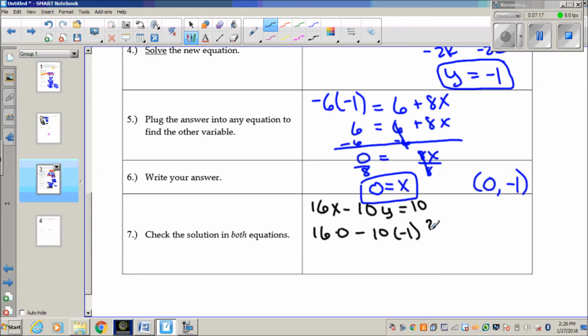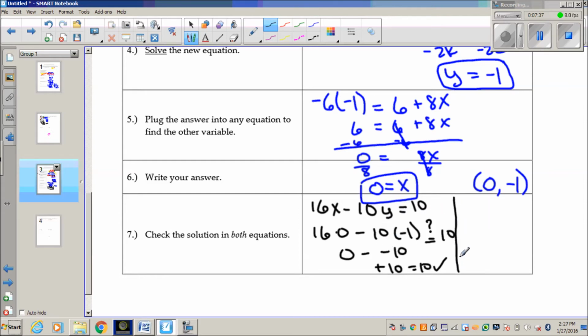And I'm going to see, does this equal 10? Well, 16 times 0 is 0, minus, this is negative 10. Here I've got a double negative, which makes it positive 10, which is equal to 10. Yes, (0, negative 1) works in the first equation.